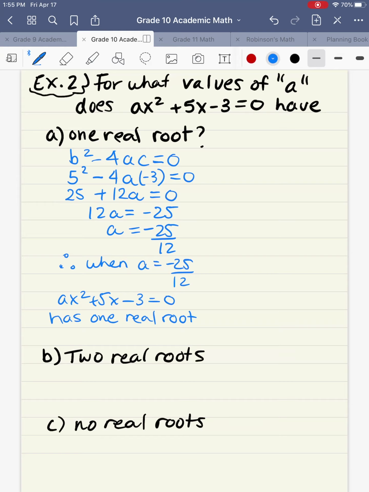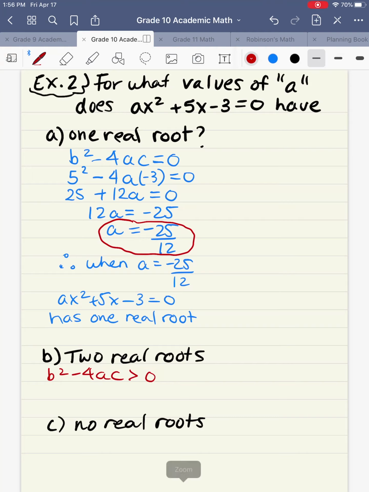Now that we figured that out, we can use that information, a being equal to negative 25 over 12, to answer parts B and C. Remember that to have two real roots, our discriminant must be greater than 0. If you look up at part 1, we made it equal to 0.